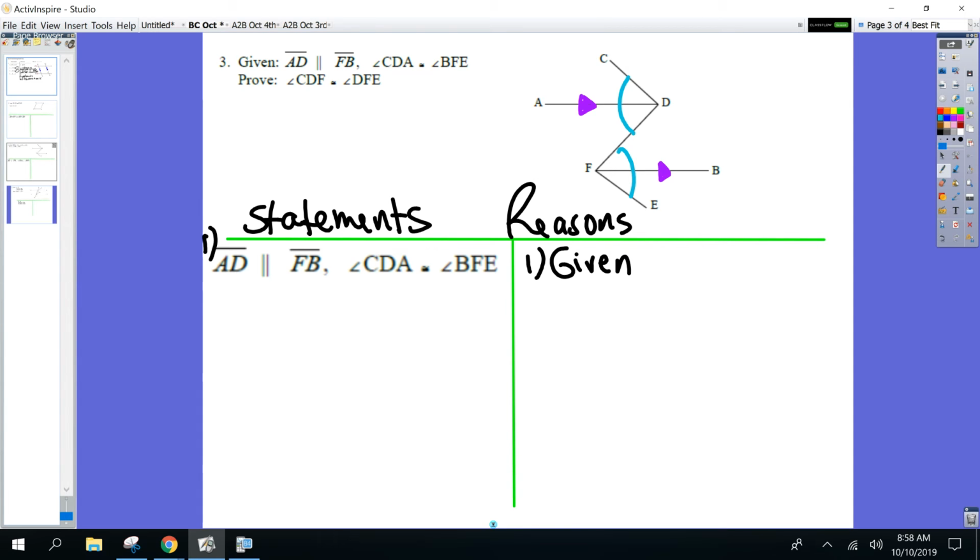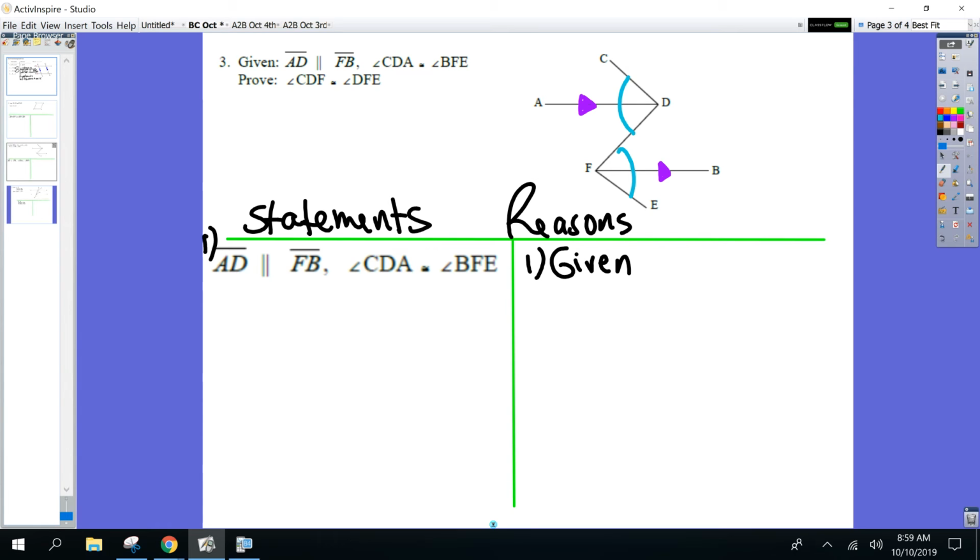So some of you could have the argument right now, oh, this is going to be an easy proof because those are alternate interior angles, which they are. They're alternate interior angles, but anybody want to tell me why they're not congruent? They're alternate interior, but they're not congruent.